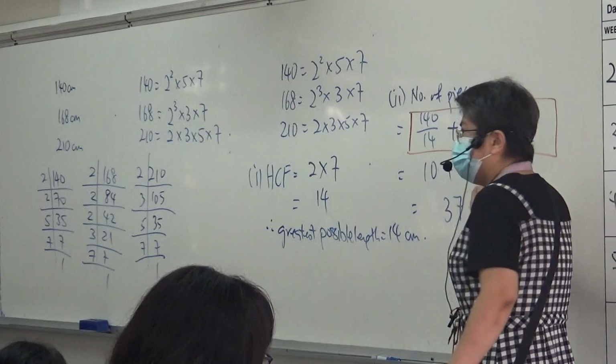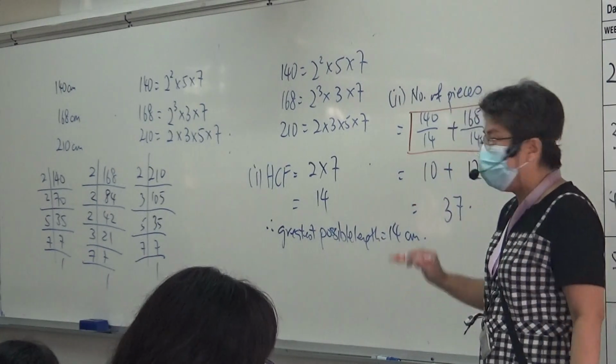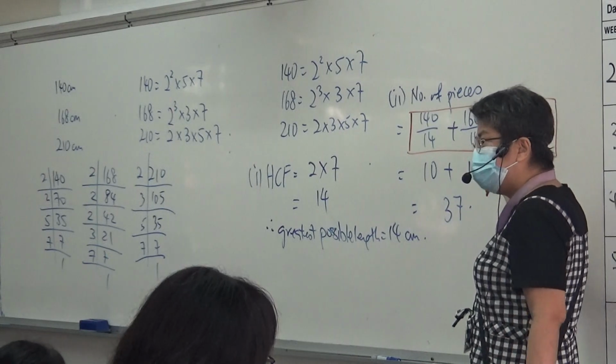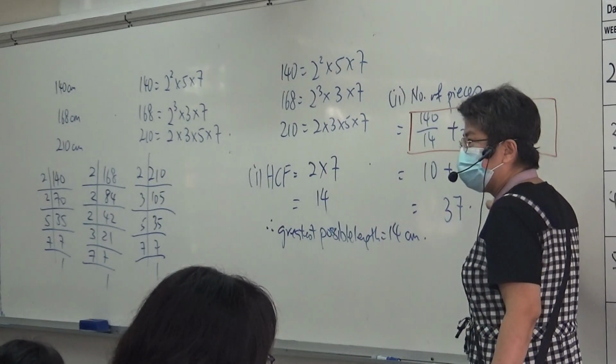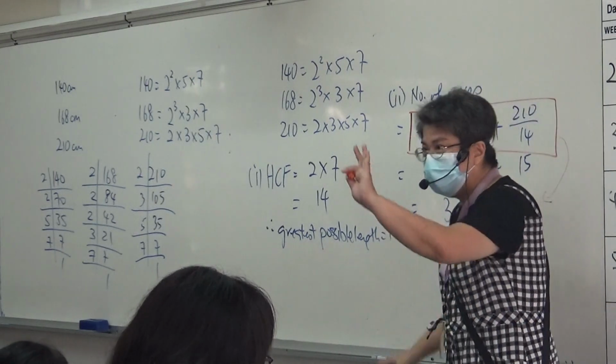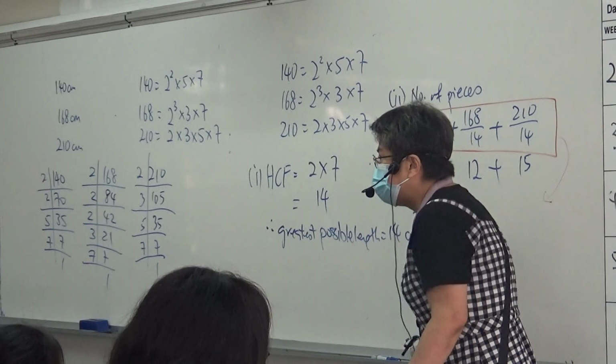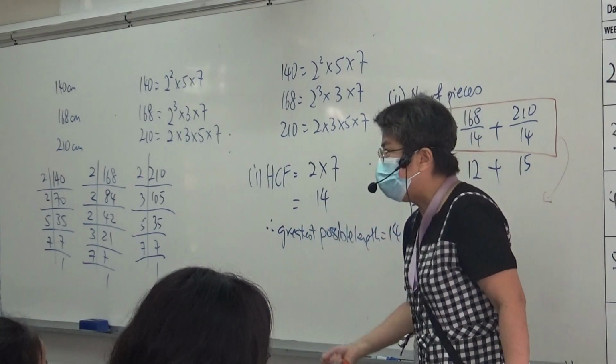Then you don't need to show me this one, you can get it from the calculator. Just press and the answer will come out. You must show me this step. You actually don't have to write this. You can skip down to 37. But you cannot straight away give me 37, because you need to show me the working. Do you understand? This is called essential working.